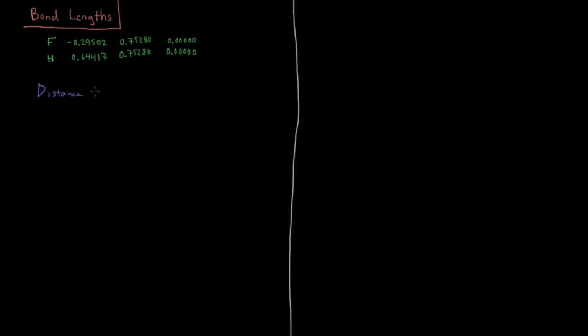How do we generally find the distance between 2 points in a Cartesian system? We're going to use the Pythagorean theorem. That's going to allow us to calculate this distance, our RFH, between the fluorine and the hydrogen.